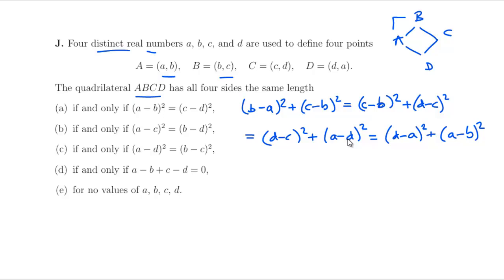So what have we got? Actually, we've got a lot of things cancelling here. We've got (b minus a) squared is equal to (d minus c) squared. That's come from that line. And then we've got (c minus b) squared is equal to (a minus d) squared. The hardest part of this is just reading all the different combinations.